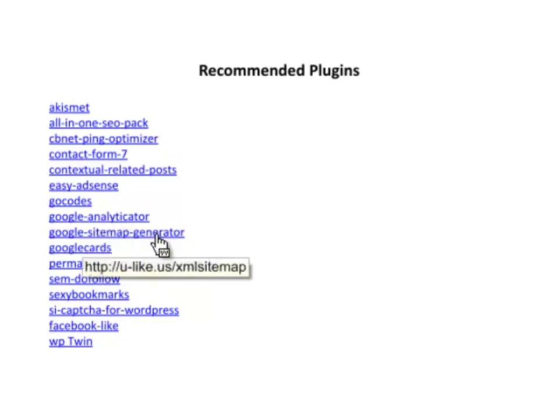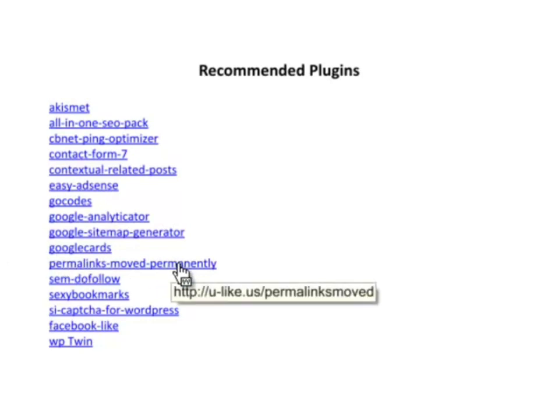The sitemap generator generates a sitemap that's compliant with Google Webmaster Tools, Yahoo Site Explorer, and Bing Webmaster Tools. Google Cards is new. The jury's still out on this one, but basically it gives you a neat way for people to connect with you on the new Google Plus.